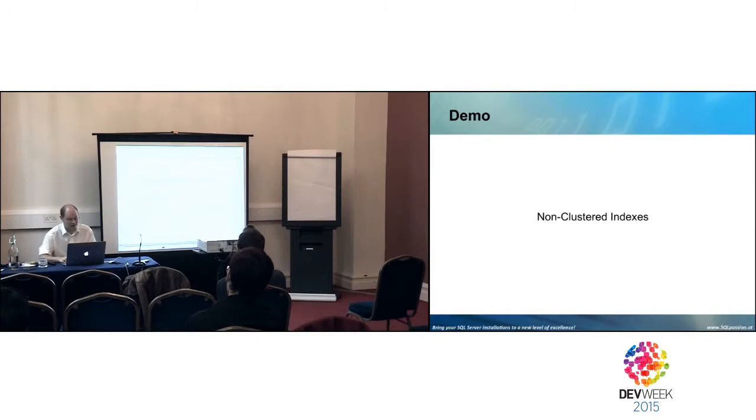In the next step, I create a non-clustered index on the column customer name. So imagine we have some queries where we're restricting on a specific customer name. In that case, SQL Server can use that non-clustered index. Means in that case, that non-clustered index has now the customer ID, our clustered key column, as a logical pointer in the leaf level.